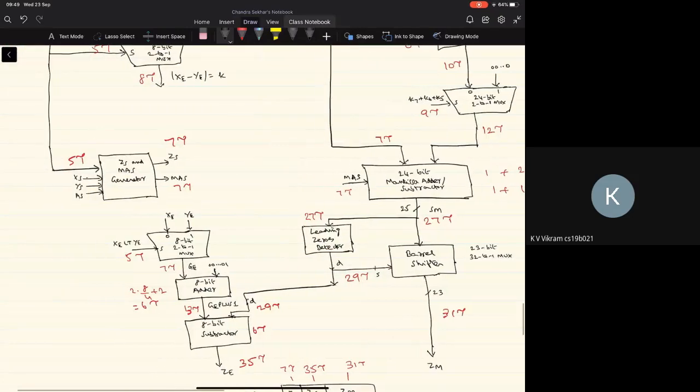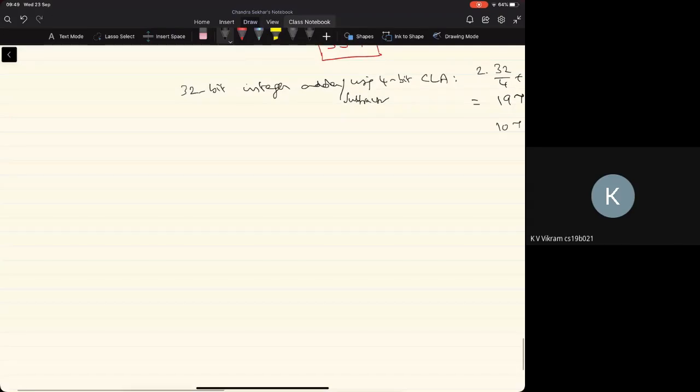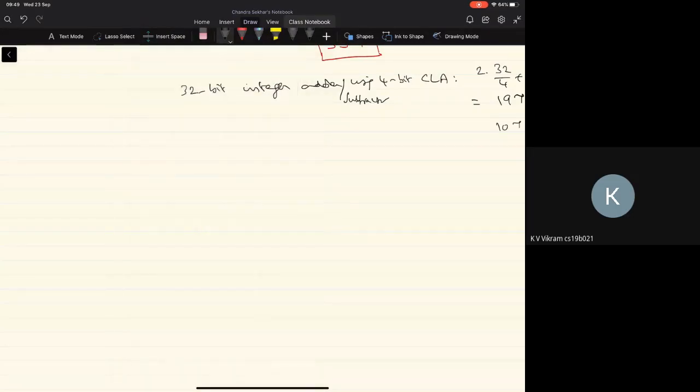But what I want you to do before you come to the next class is, remembering that the circuit that you have designed is for the case where XE is greater than YE, I want you to design the 32-bit adder subtractor for the case where XE is equal to YE. Actually, it will turn out to be a much simpler circuit than this.